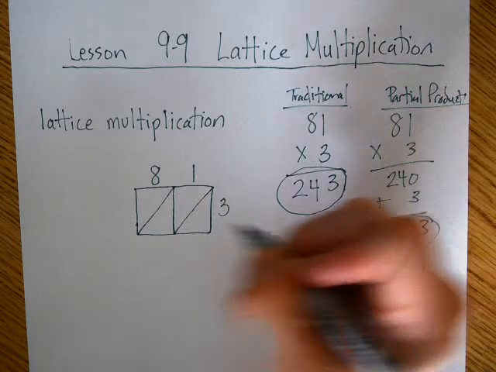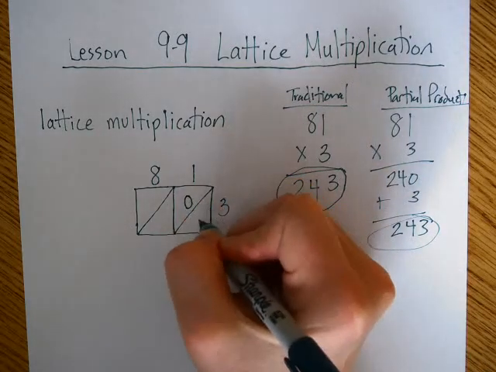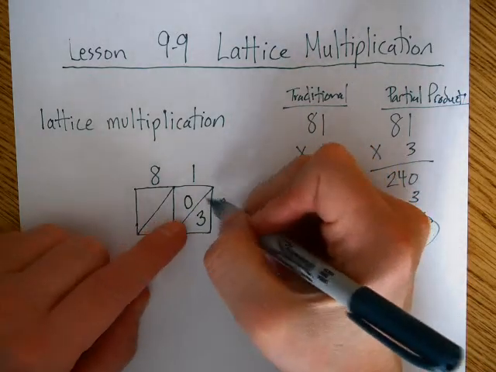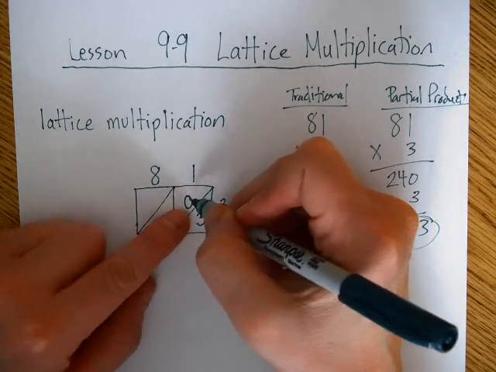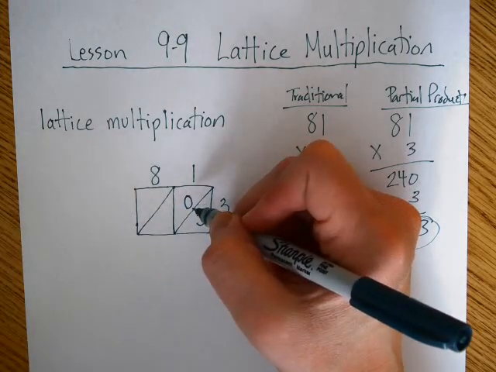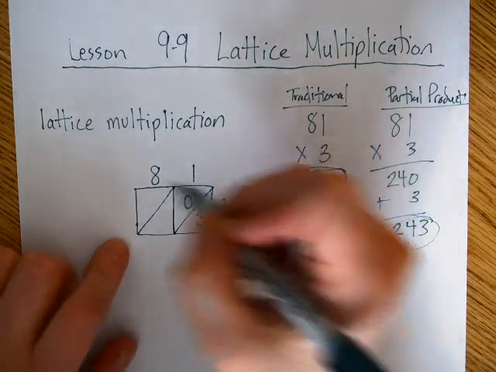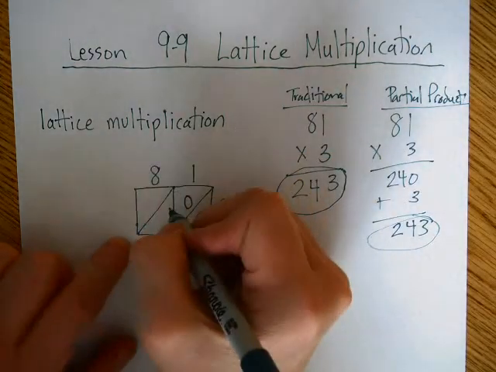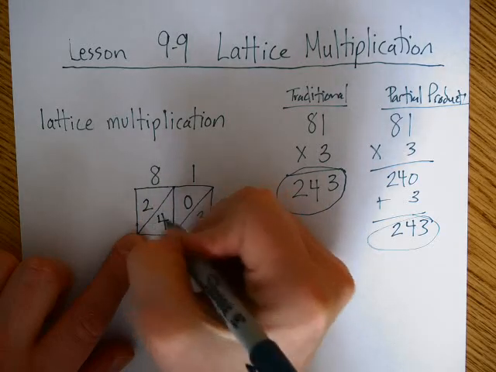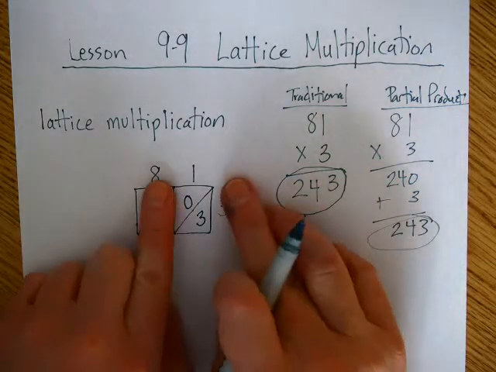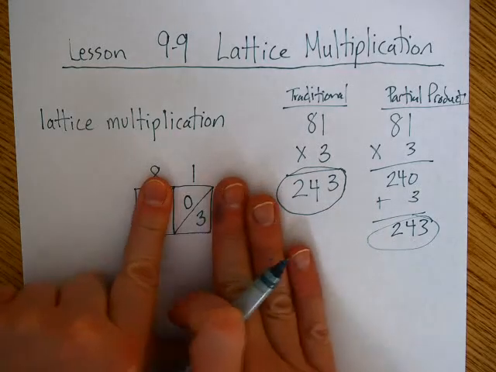3 times 1 is 3, so 0 and 3. And because there's only one digit in here, there's only something in the ones place, we put a 0 in the tens place because nothing goes there. Okay, and then we do 3 times 8, which is 24, and that's what we write in this box, 24, one on the top and one on the bottom. So essentially we take it one box at a time.